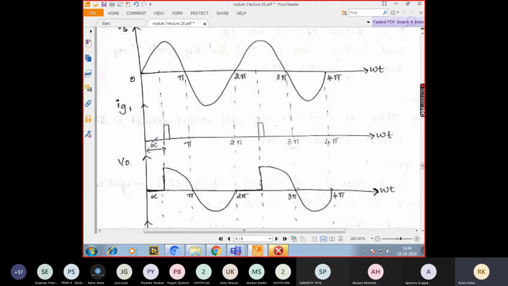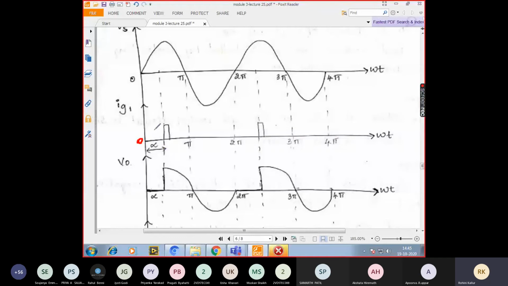Whereas here at omega t equal to 0, I don't have any gate pulse. There is a delay in the angle, which we call alpha, or the firing angle. The gate pulse is applied with a delay of alpha. This alpha is also called the delay angle, after which we trigger the SCR.